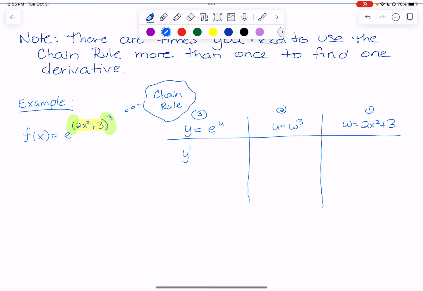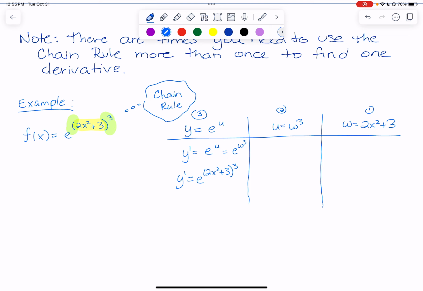The derivative of y is equal to e to the u. I do not want that to stay in terms of u, so that's e to the w cubed, which I don't want in terms of w either. So my y prime is equal to e to the 2x squared plus 3, put in for my w, all cubed.